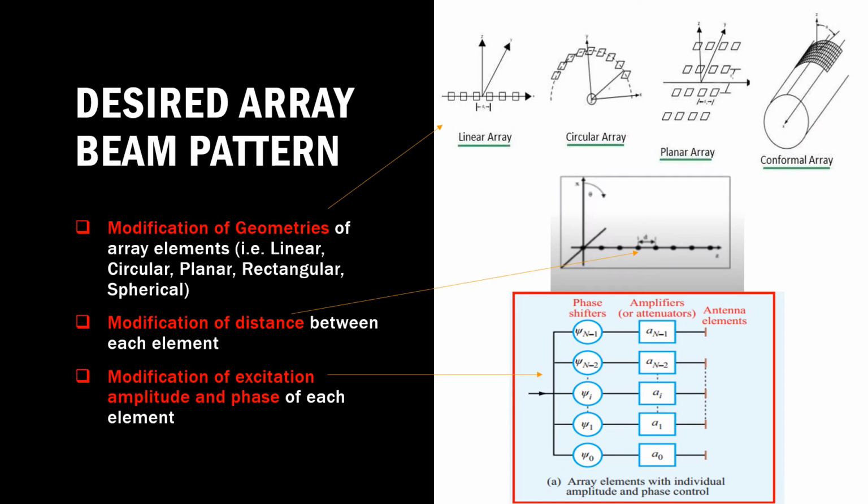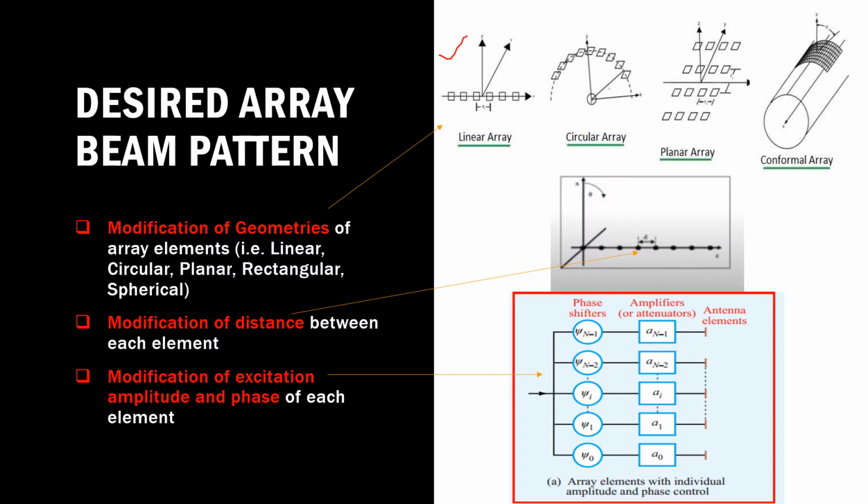Although the direction of the resultant vector sum of the induction field or the main lobe is considerable, the shape of the array beam pattern can also be taken into account. This can be done in several ways. Among all of them, we must consider the modification of geometries, modification of distance, and modification of excitation amplitude and phase.